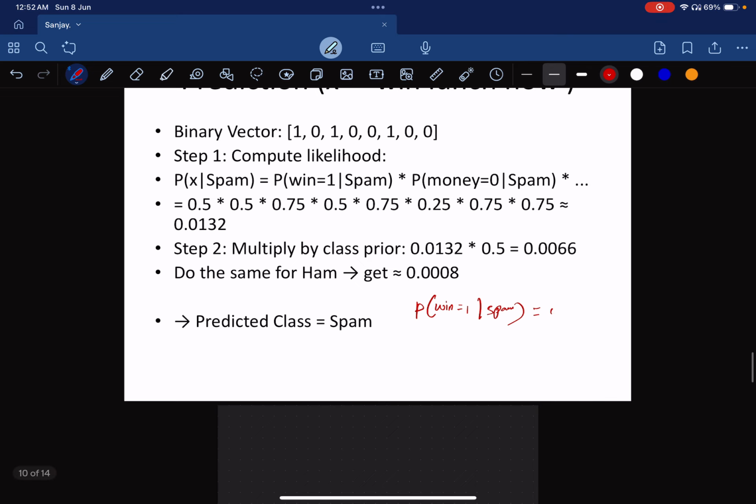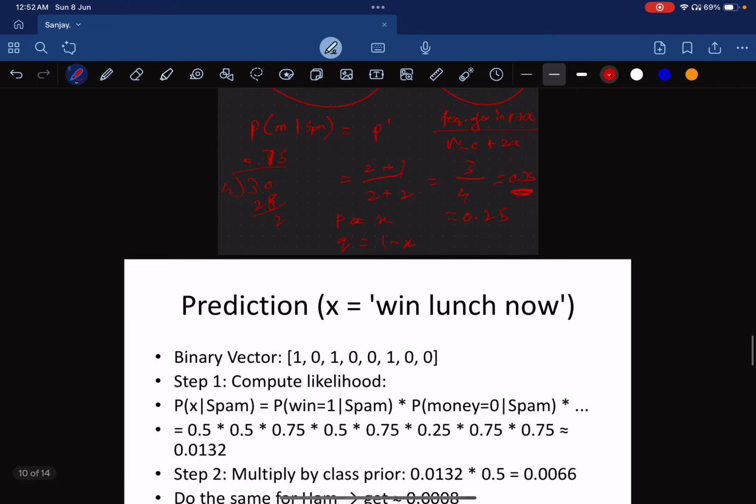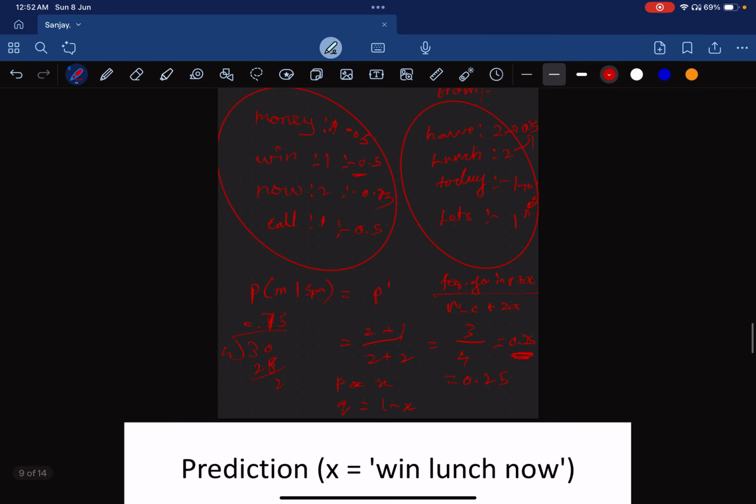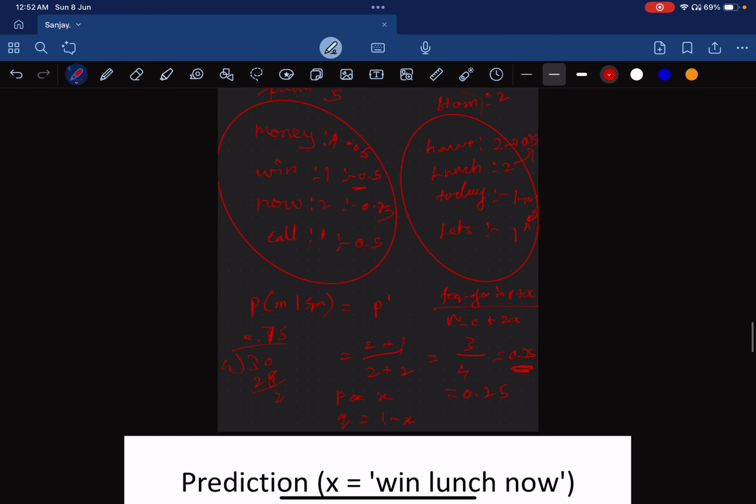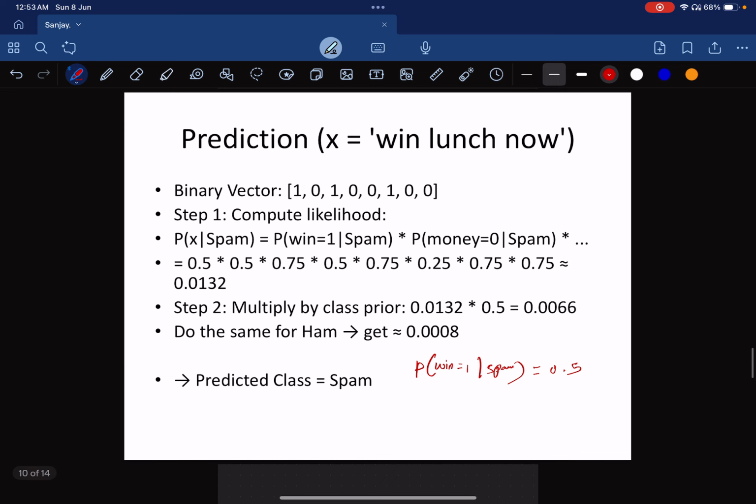That will be 0.5. Money isn't in the message, so we don't want to find its presence; the probability of money belonging to that class is 0.5, so we simply take 1 minus whatever probability we get to find the failure rate. Here it is also 0.5.